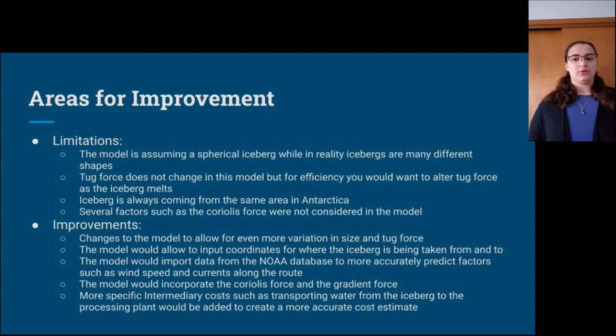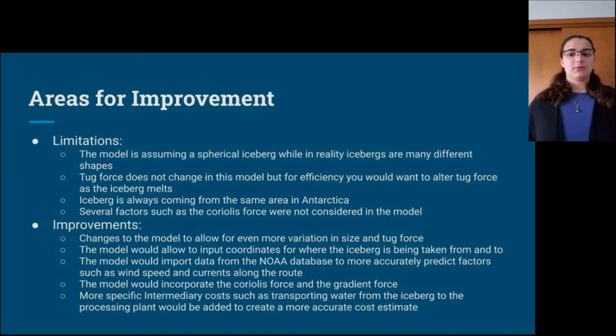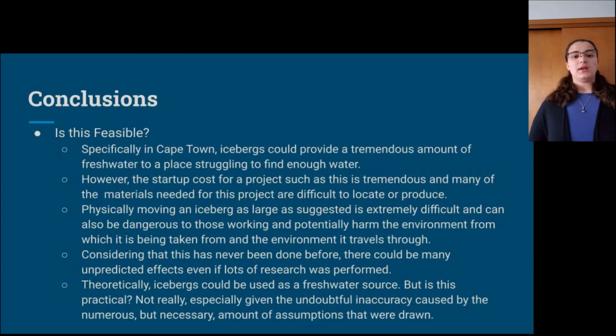The model would also allow input coordinates for the starting point and destination of the iceberg, as well as data from current weather databases to more accurately predict conditions along the route and therefore changes in the iceberg travel times. The model would also incorporate things that had to be left out originally, such as Coriolis force, gradient force, and some more specific costs.